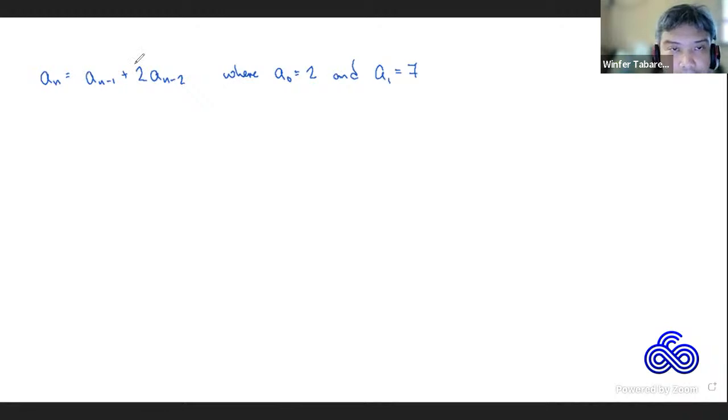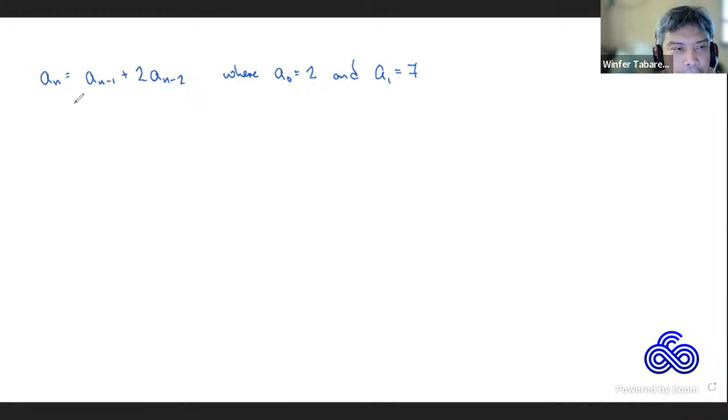So for the first problem here, I will first do it step by step, and then we can skip some of the steps later as we go along and as we look at more problems.